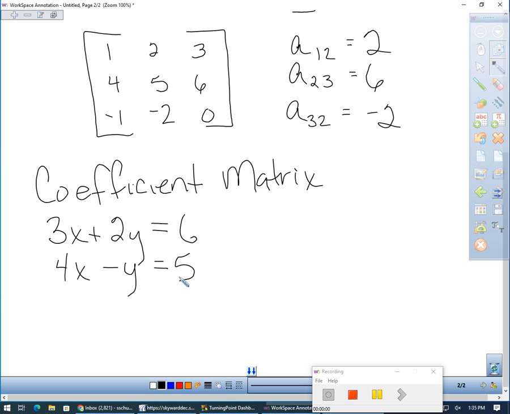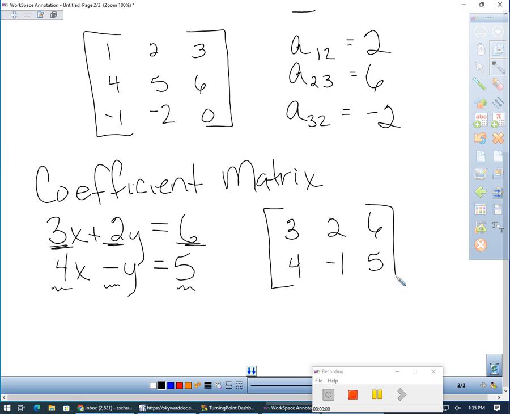If I want to write a coefficient matrix, I am literally going to take my coefficients and put them into a matrix. So, it is going to be 3, 2, 6. Then I have 4, -1, 5. That is my coefficient matrix.